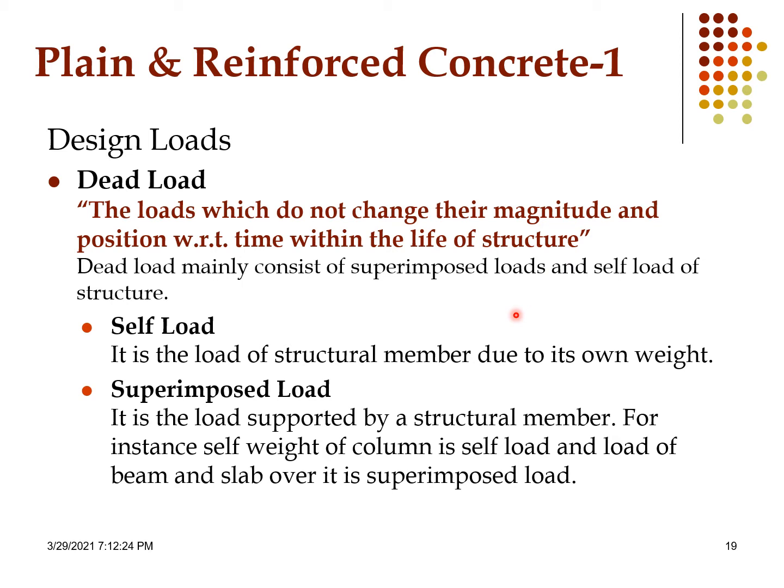One we call self load, which is the member's own weight, and second we call superimposed load. Superimposed loads are those loads supported by a structural member. For instance, self weight of a column is self load, and load of beam and slab over it is a superimposed load.